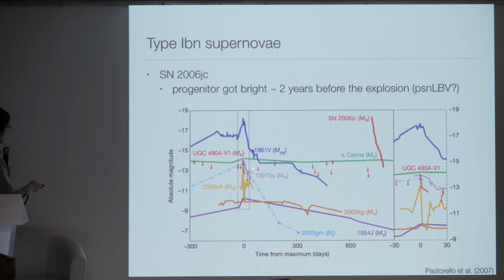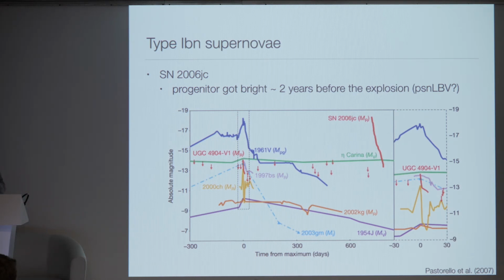But one person had observed this galaxy, and found that 2 years before the supernova explosion, at the same location, something was getting bright. So this supernova progenitor somehow got bright 2 years before the explosion, and then 2 years later, it exploded.